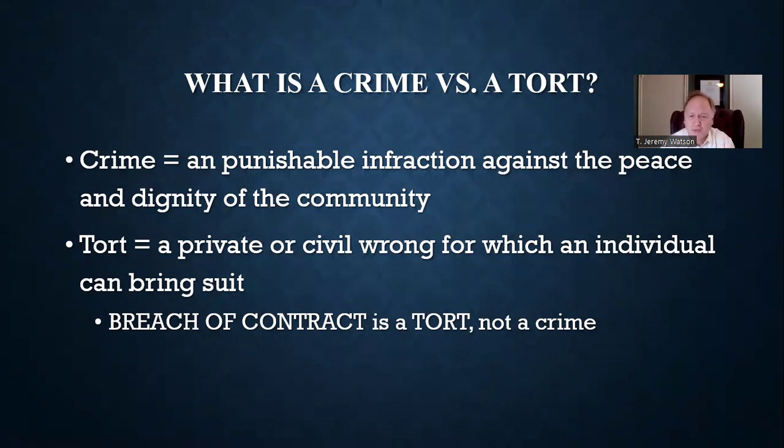Crimes are always punishable by criminal penalties. So things like fines or prison time, right? Or jail, probation, those kind of things. So a crime, those are punishable infractions against the peace and dignity of the community that the government cares about, that the government has the responsibility of enforcing, and that when the government enforces it, they can fine you, they can put you in jail, they can assign those kind of criminal penalties.